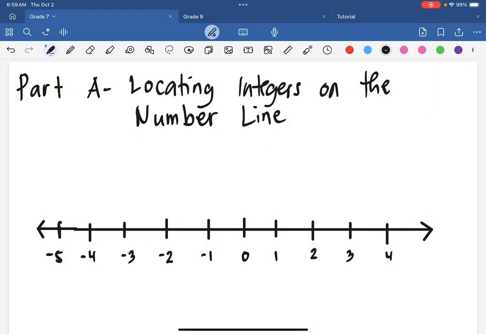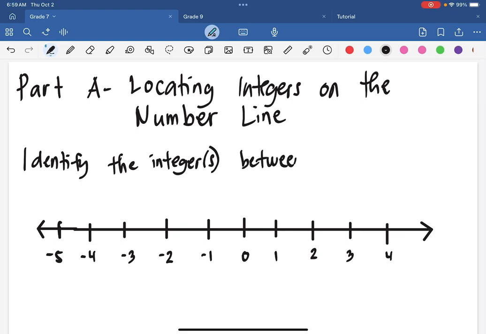Last one is when you are going to identify the integer or integers, perhaps, between negative 2 and 1.